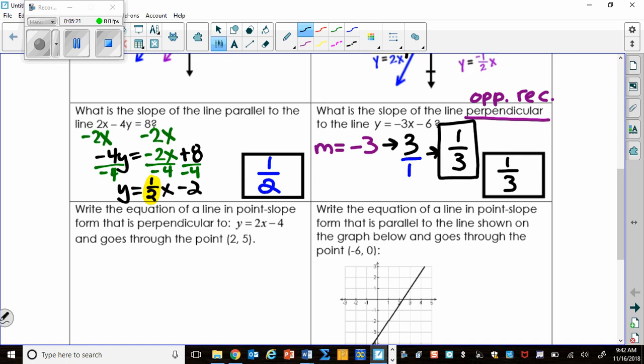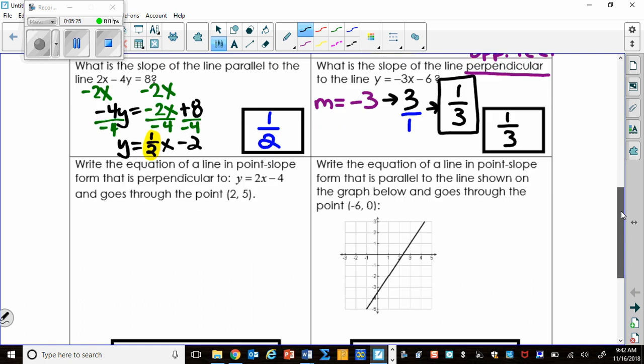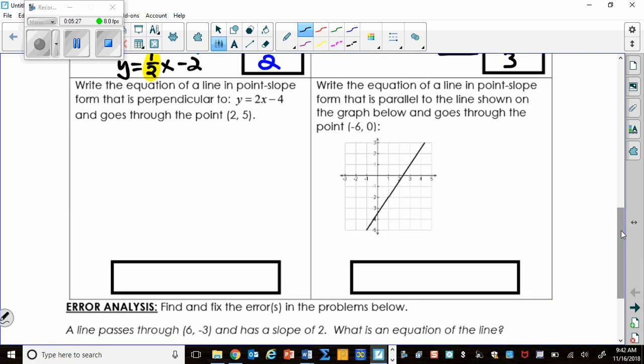Hopefully you guys are seeing what we're going to be talking about, and it's very simple if you understand the definition and such. I would like you to take a second to look at the next problem, and once you try to solve it, you can pause this video, and when you're done, you can come back and play.